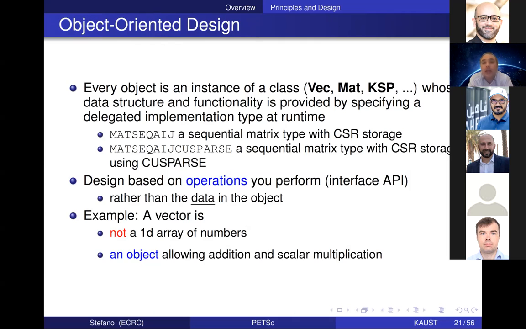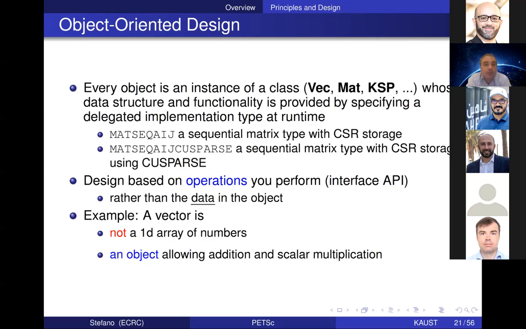It means that at runtime, I can change the type of the matrix I want to use to, for example, do matrix vector multiplication, or I can change the type of Krylov solver to solve the linear system. So, for example, MATSEQAIJ is a sequential matrix type using CSR storage, a very standard matrix class in sparse linear algebra.